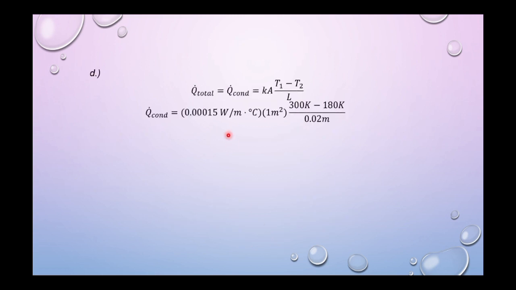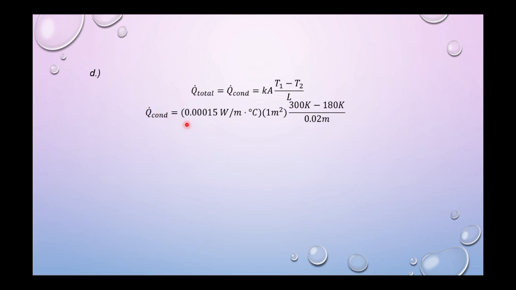So next, in the super insulation, we have the Q total is equal to Q conduction is equal to k times A times T1 minus T2 over L. So substitute.